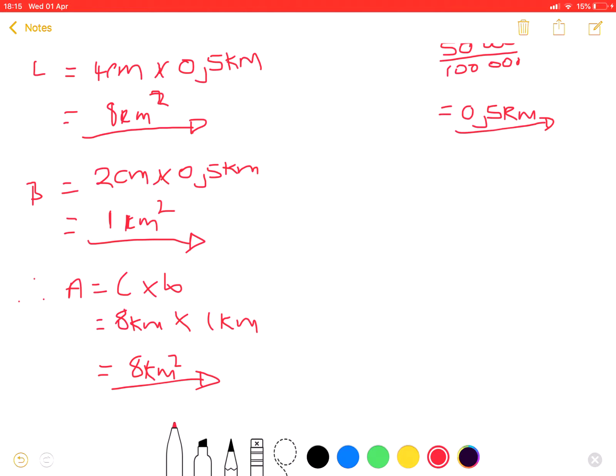So our area is going to be 8 kilometer squared. The most important thing here is to read the question thoroughly. Which map are you going to use? What conversions are you going to use? Are you being told or asked to calculate in kilometers, in meters, or in centimeters? And then again, are you going to use a topographical map, or are you being told to use the scale of an orthophoto map?